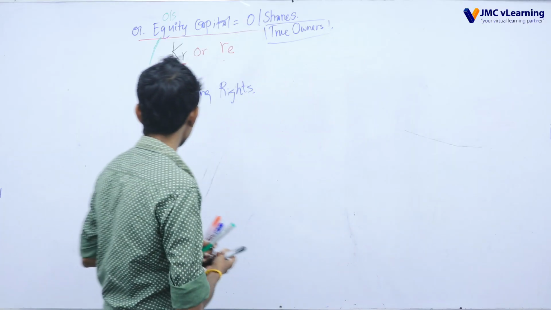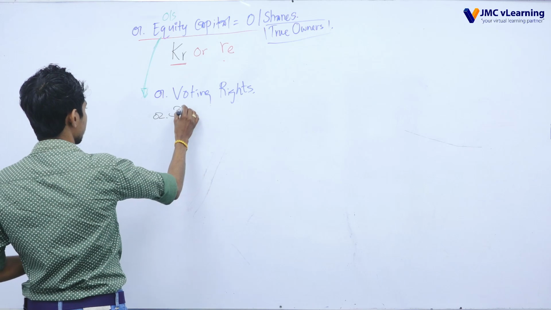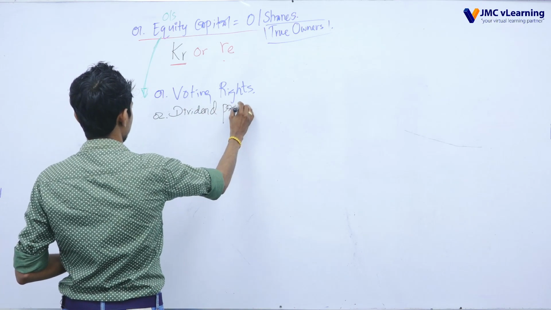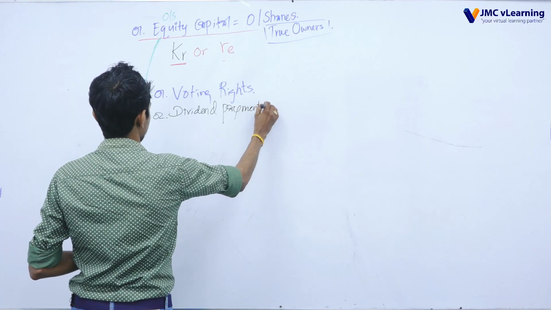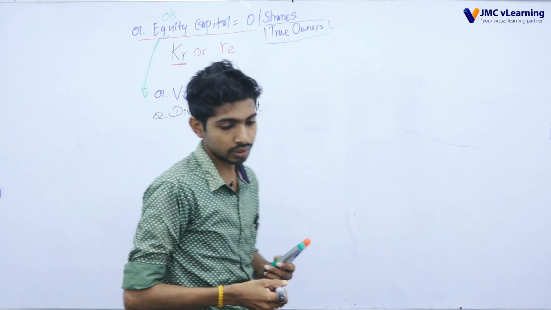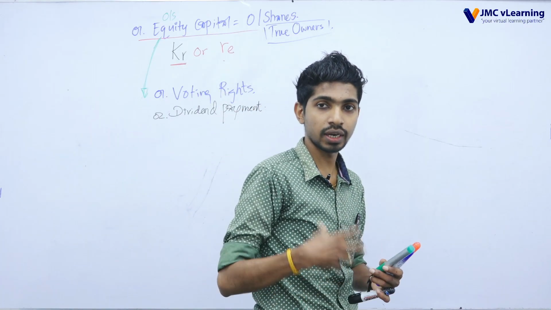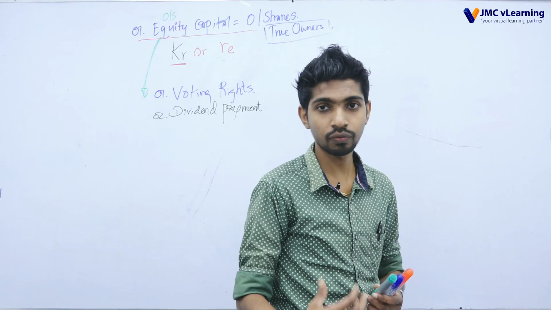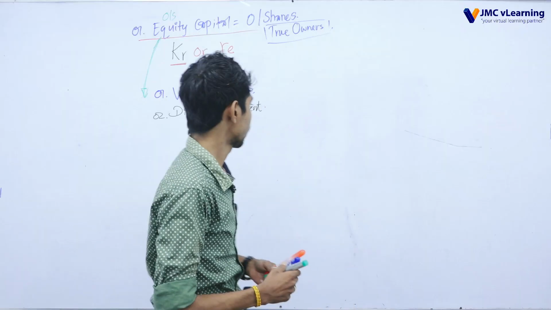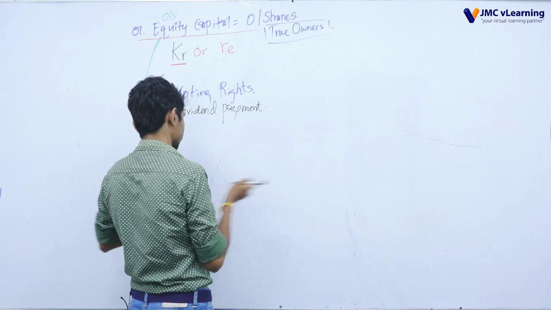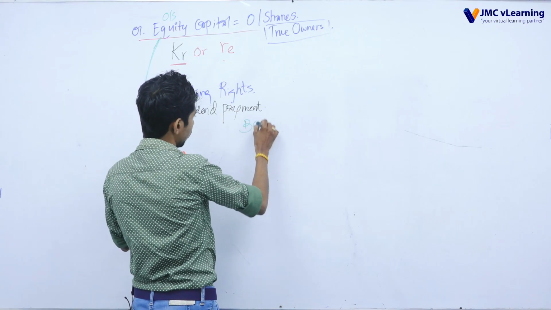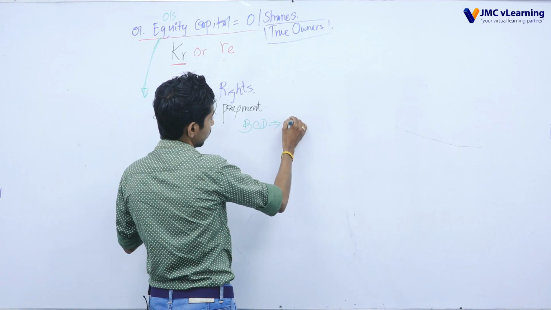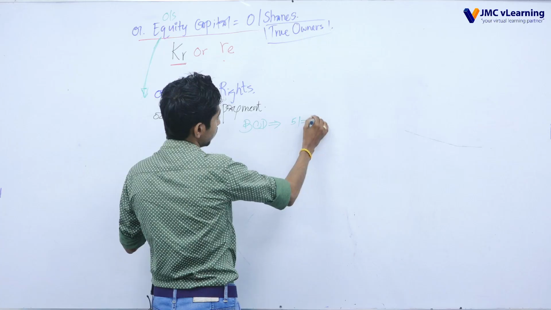Second one, dividend payment. That means ordinary shareholders are entitled to get some dividends based on their profit. If there is enough profit, then the board of directors will decide, for example, 5 rupees per share.